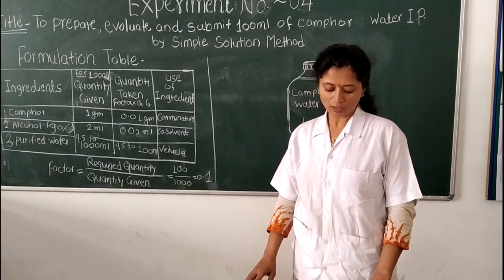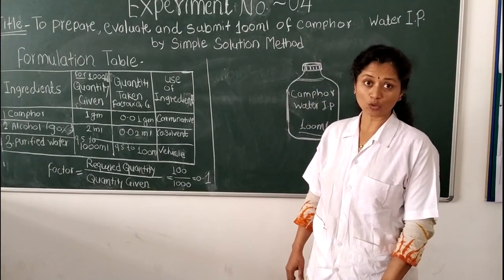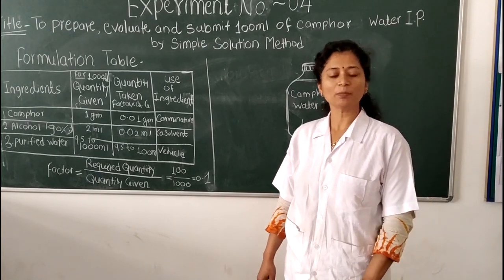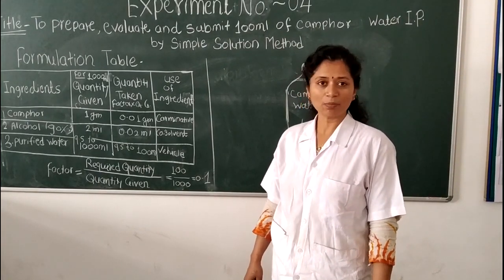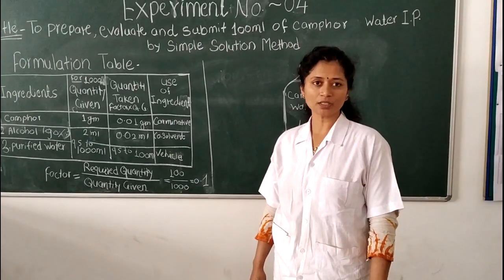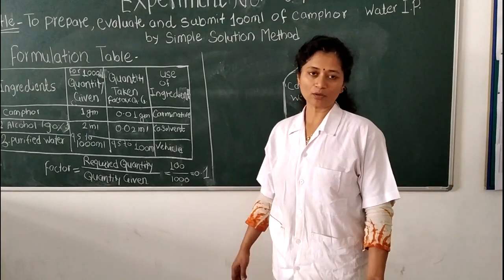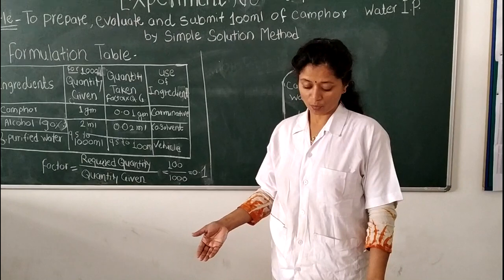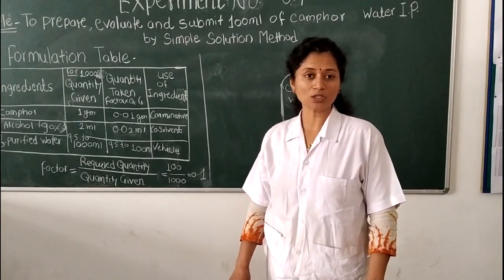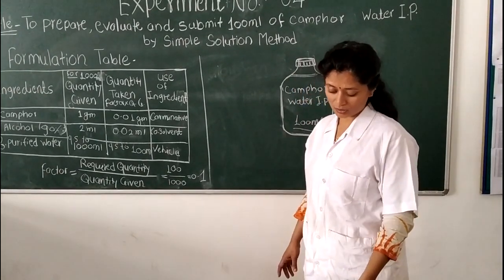This is one of the types of aromatic water. Today we see that an aromatic water can be prepared by two methods, the simple solution method and the concentrated aromatic method. By the concentrated aromatic method, we make the concentrated aromatic waters that we discussed already.